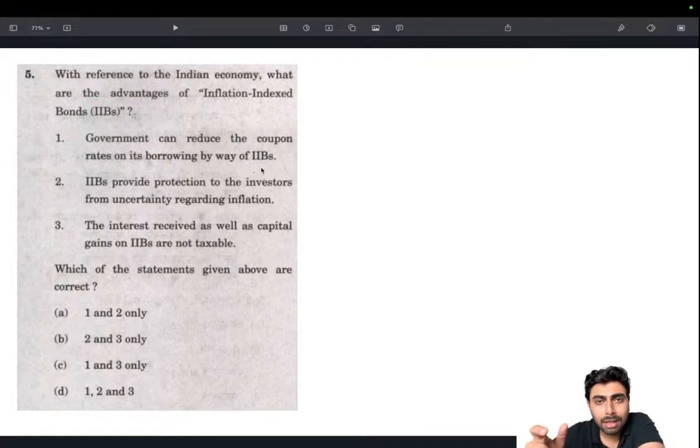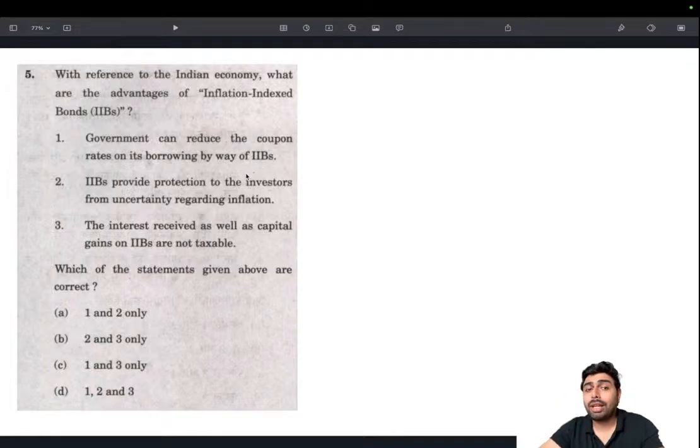The value will be 100, but the worth will be 50 rupees because the prices of other things go up. But in case of an inflation indexed bond, to compensate for that, the coupon rate or an additional rate will be provided so as to annul the damage done by rising inflation.